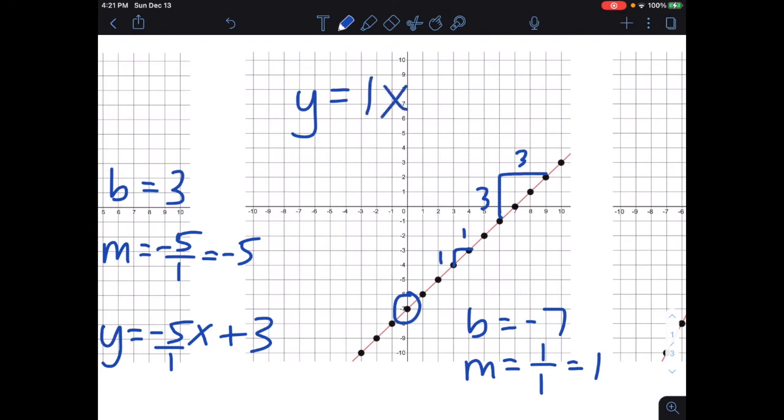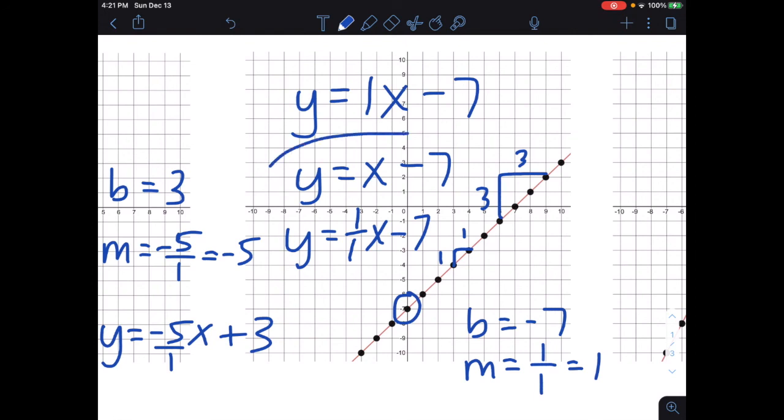You could just write an x there instead of the 1, and then it's minus 7. So you could write it like this, y equals x minus 7. And you could even do it where you have the 1 over 1. So there's really 3 different ways you could write this equation, and all 3 of them are right. But generally this is the one that you're going to see the most.